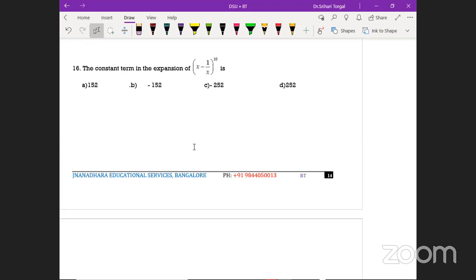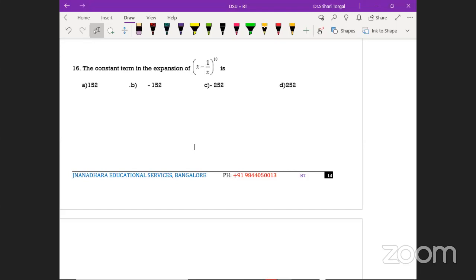Nisarga is asking, sir, in the middle term, if it is minus, what do we have to do? Yeah, if the power is odd, nothing to worry about that. If it is even, then you have to think of that problem. Otherwise, no need to worry about positive or negative sign.